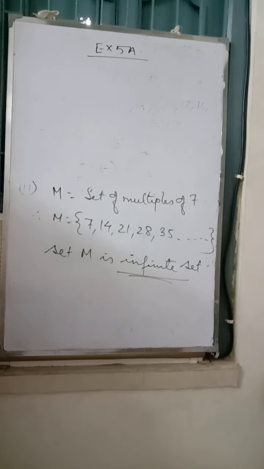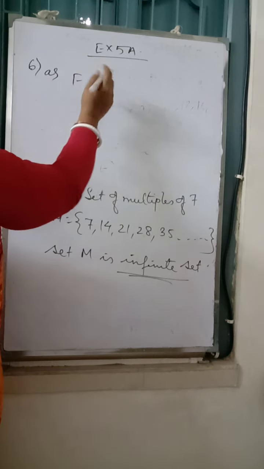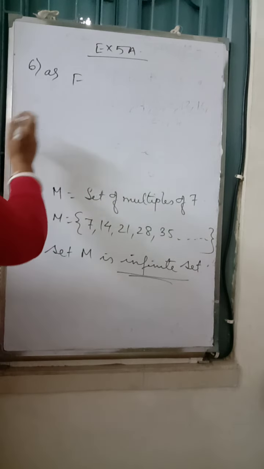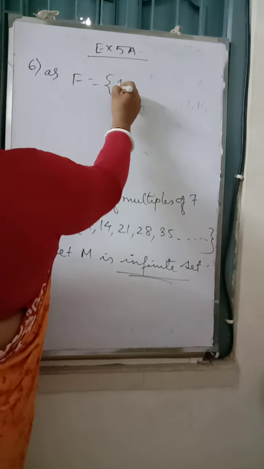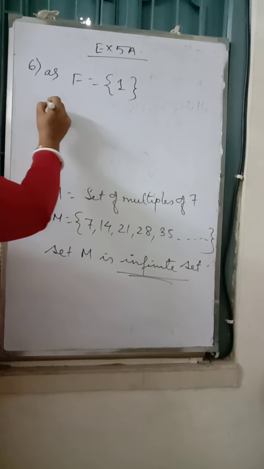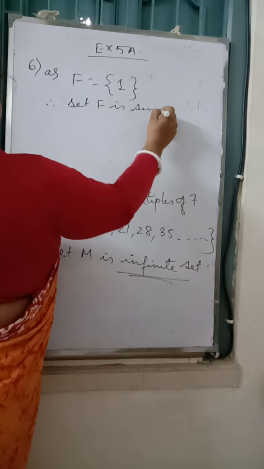Now look at question number 6. A, it is given F is equal to x, where x belongs to natural numbers and is less than 2. So F is equal to only 1, which is a natural number less than 2. So set F is a singleton set.